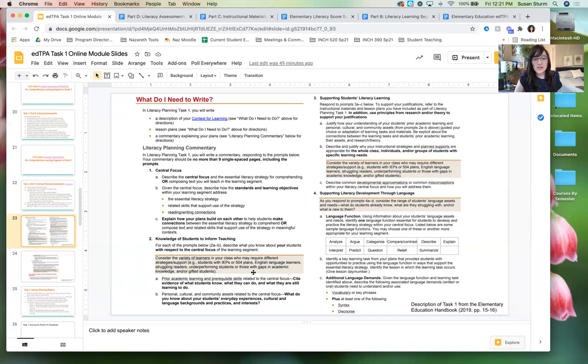Anytime you see this grayish beigey box, it's reminding you, don't forget, this is an area where you really have to talk about your students with IEPs and 504 plans and English language learners and struggling readers. If you don't do that, you will automatically get the lowest score you can get on the edTPA, which is a 1. So anytime you see this box, consider the variety of learners. Auto 1 if you don't do that.